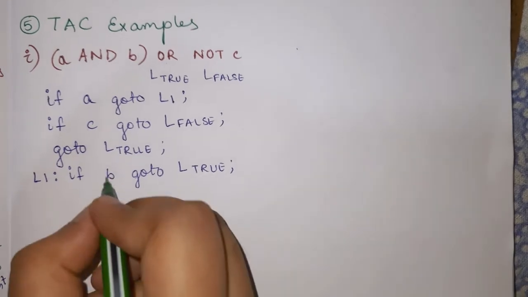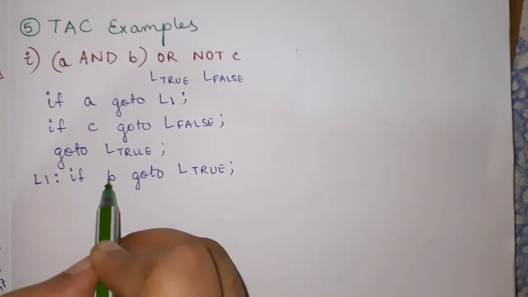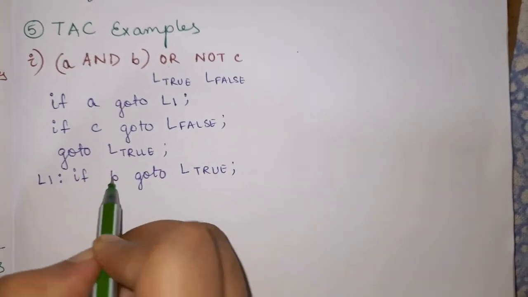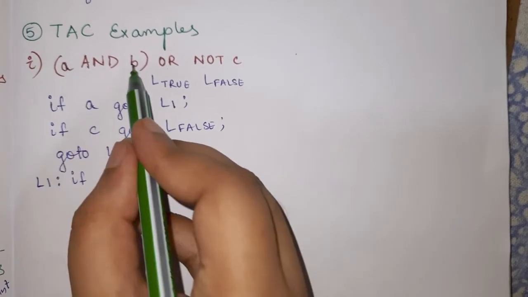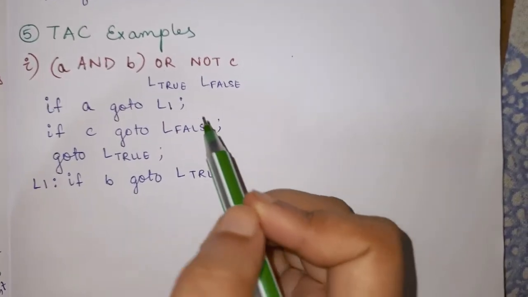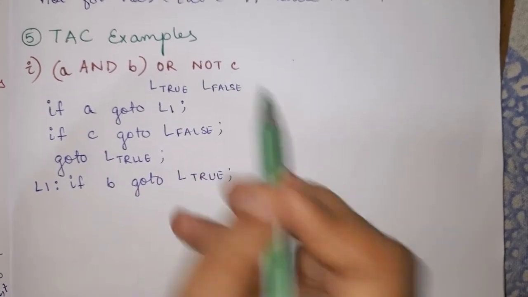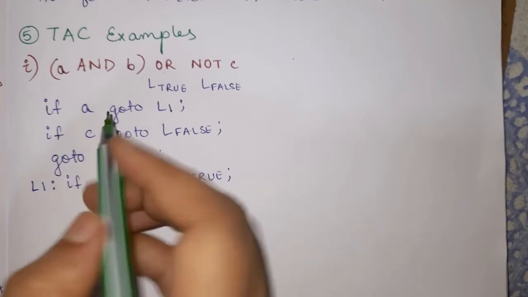Now if B is false, it means A is true and B is false, because if I have reached here, A is true, and if this condition is false, then A is true and B is false, making this whole expression false. Then I need to check for this condition, therefore I need to start again from here.